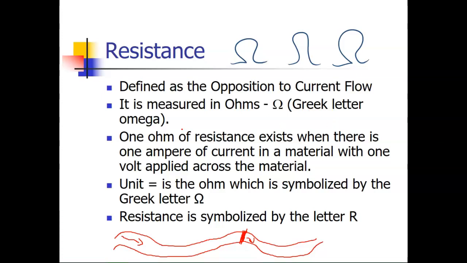But 1 ohm of resistance exists when there is 1 amp of current in a material with 1 volt applied across. The unit is symbolized by the omega, but mathematically it is represented with an R. So the R is the mathematical symbol.